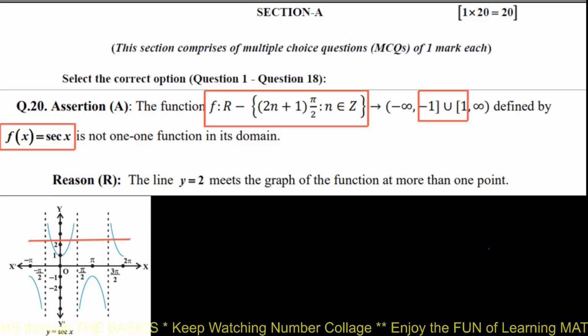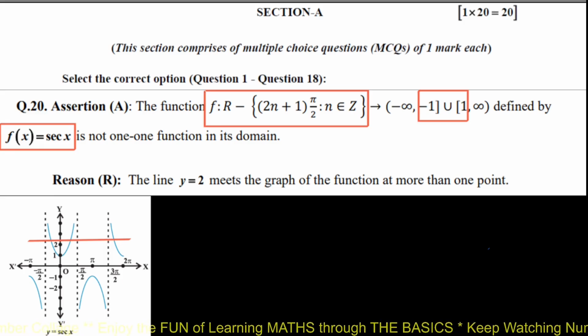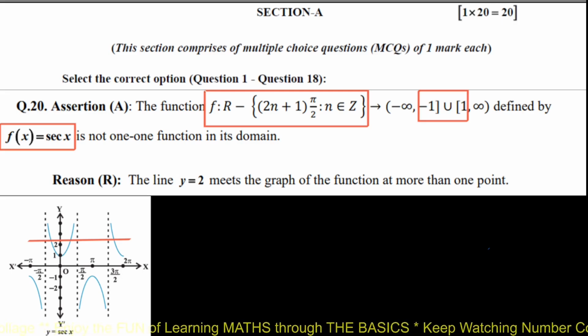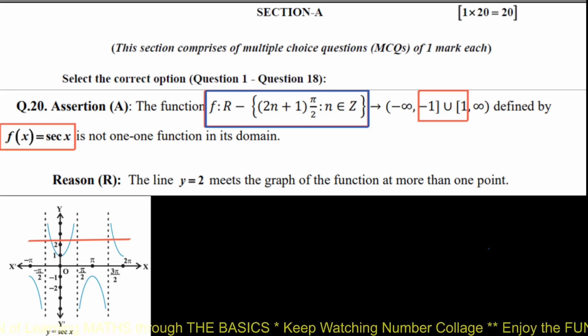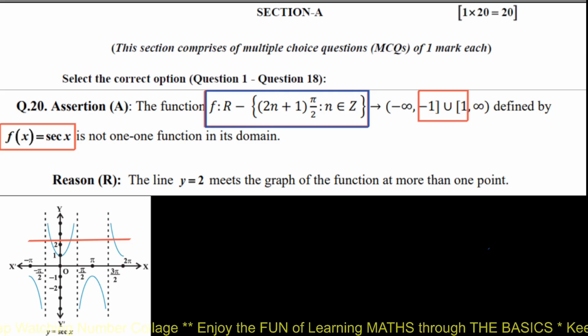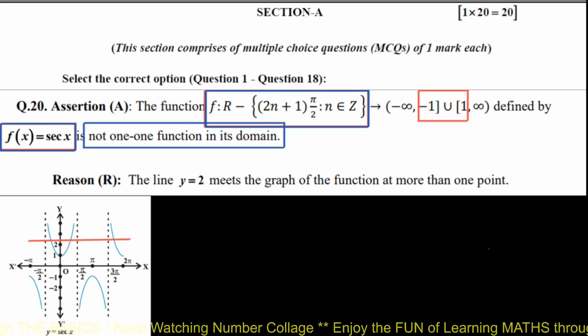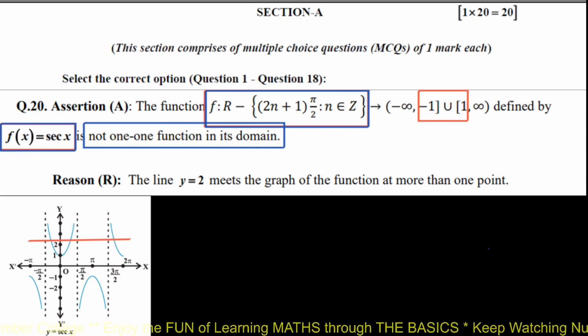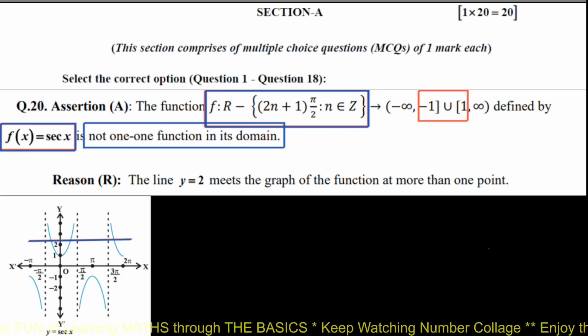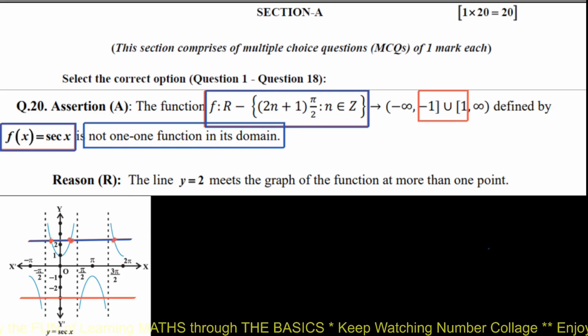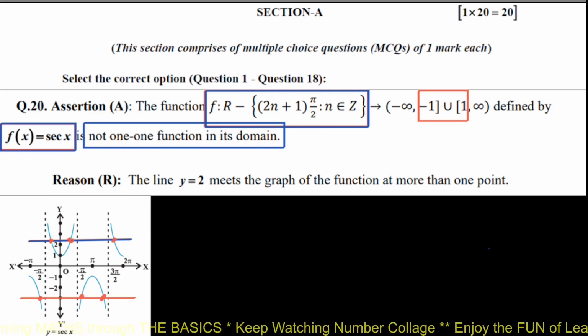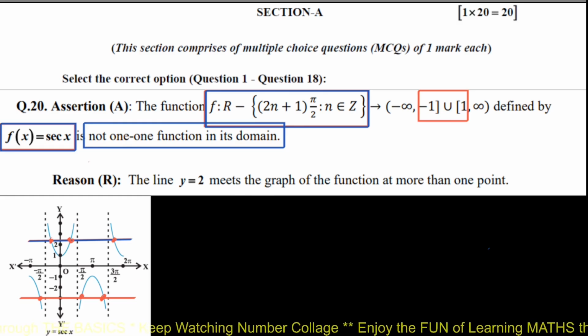Question number 20. Assertion A: the set of real numbers with odd multiples of pi by 2 omitted is the domain of the function sec x, and sec x is not a one-one function in its domain. By the horizontal line test, it cuts the graph of sec x in more than 1 point, indicating that the function is not one-one.